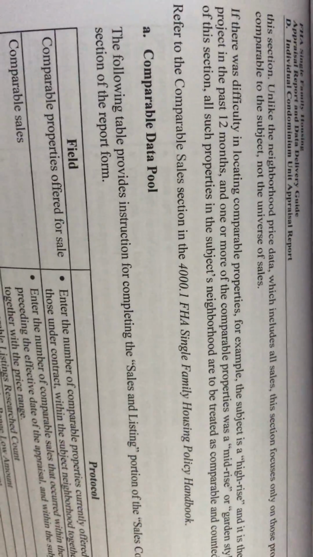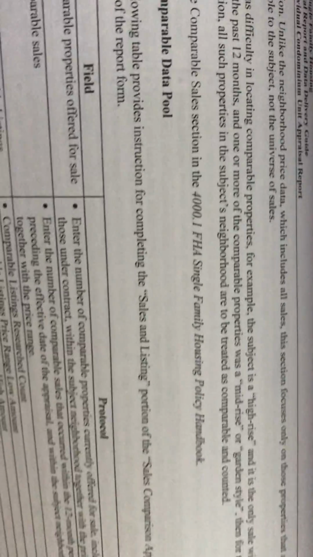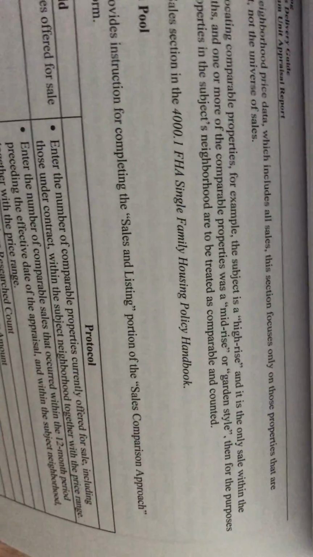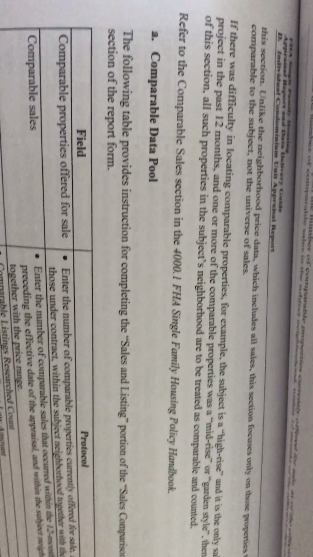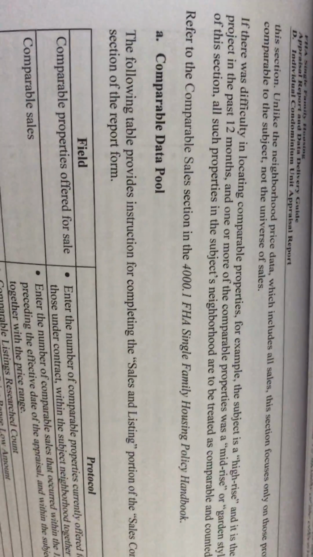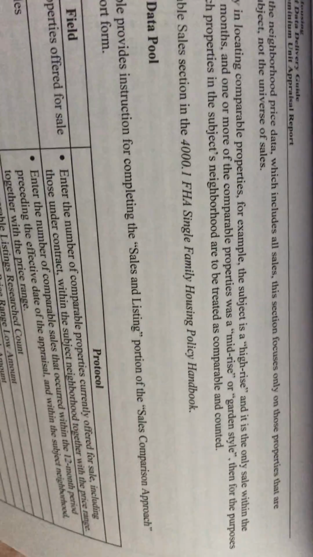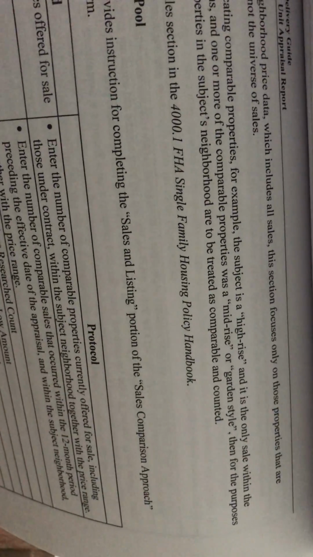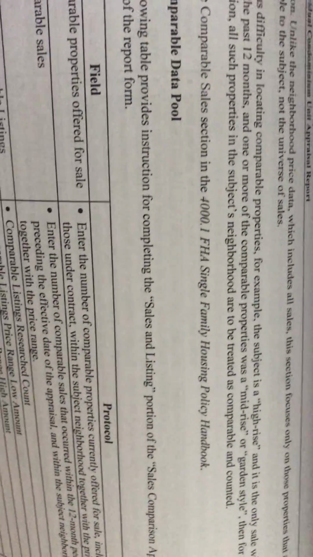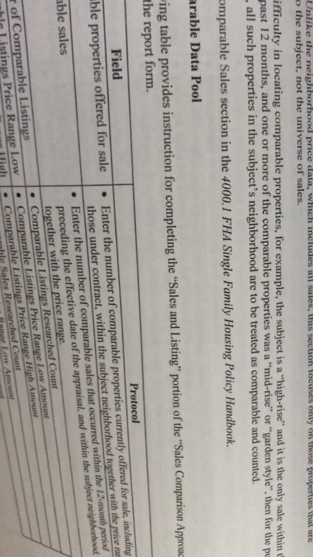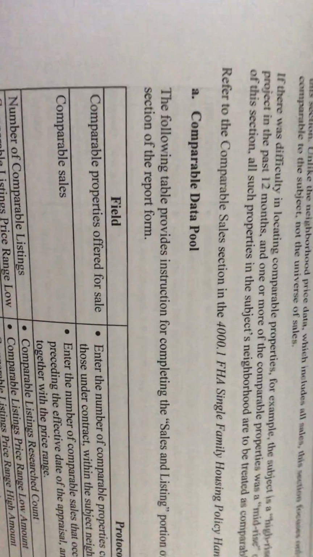If there was difficulty in locating comparable properties, for example, the subject is a high-rise and it is the only sale within the project in the past 12 months, and one or more of the comparable properties was a mid-rise or garden style, then for the purposes of this section, all such properties in the subject's neighborhood are to be treated as comparable and counted.